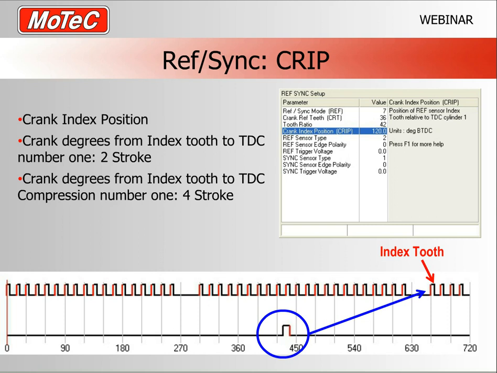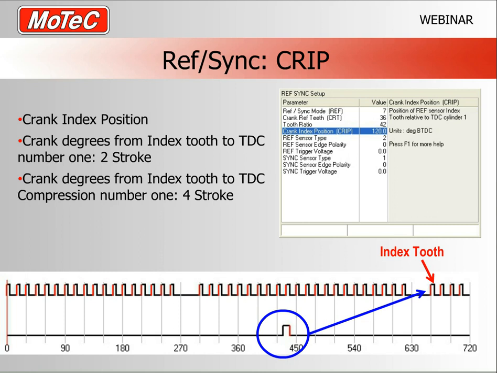So the example I've given here is a missing tooth mode, and basically for missing tooth mode, the index tooth, that's the index tooth in our crank index position, is the tooth that happens at the end of the missing tooth gap. So you can see where the little blue arrow is pointing there.